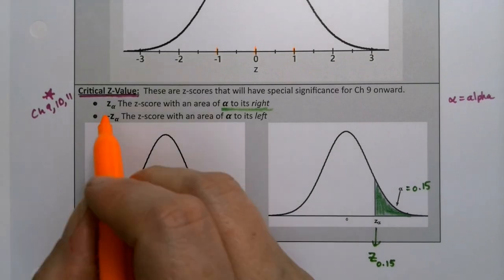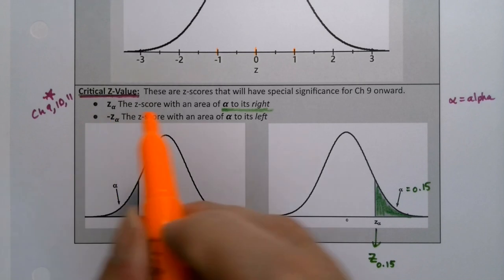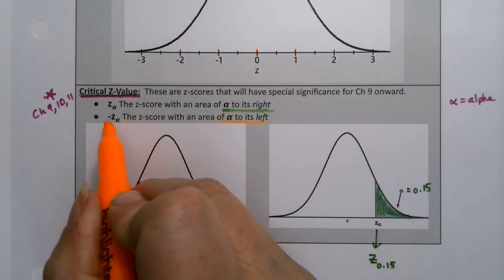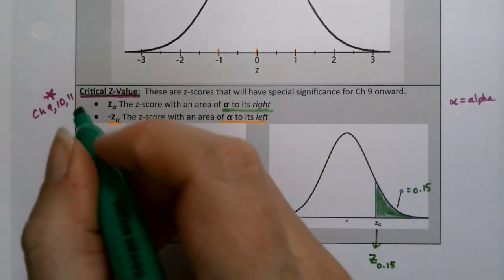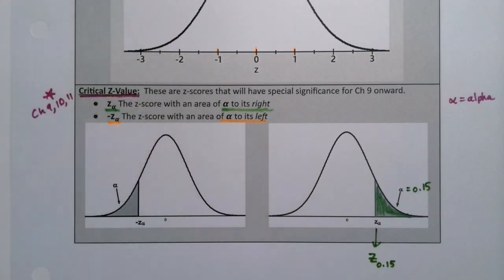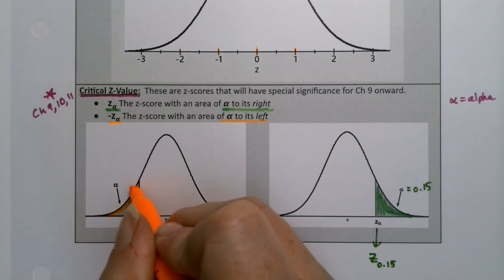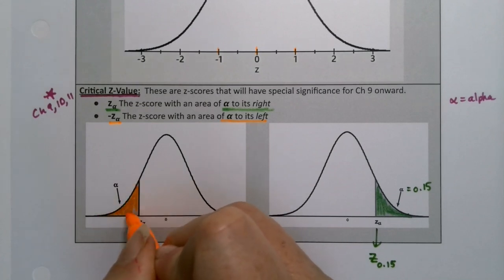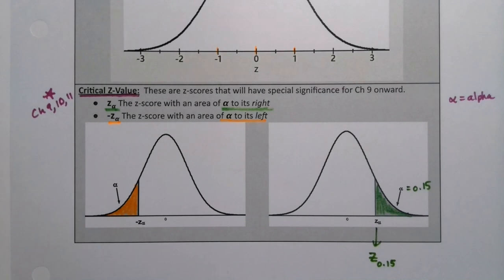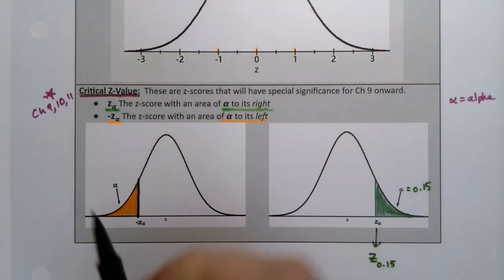Now, what if it's negative Z alpha? That means that it's to the left, right? So positive Z alpha means to the right, negative Z alpha means to the left. So if you see, okay, this area right here, if that's alpha, then this line right here, that's what that line is. That's the Z alpha.